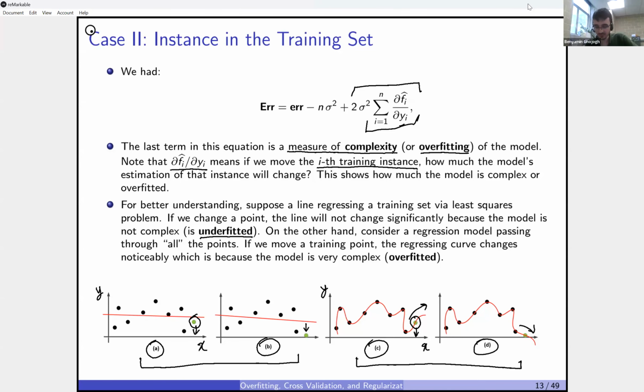A good fit, for example, in this case, maybe is something like this. Not passing through all of the data points, which is overfitting, and not just a linear model, which is underfit. So here, as the data is kind of curvy, quadratic, for example, then maybe a quadratic model is good enough, a good fit.